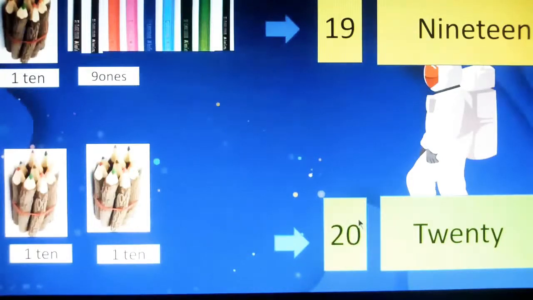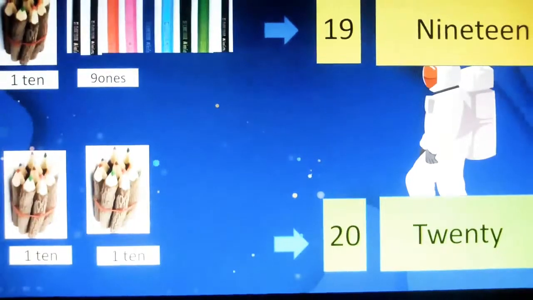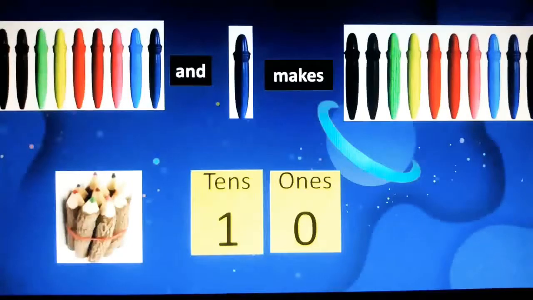There is nothing on the ones place, there is 0, and on the tens place there is 2. So 2 tens is 20. T-W-E-N-T-Y, 20.